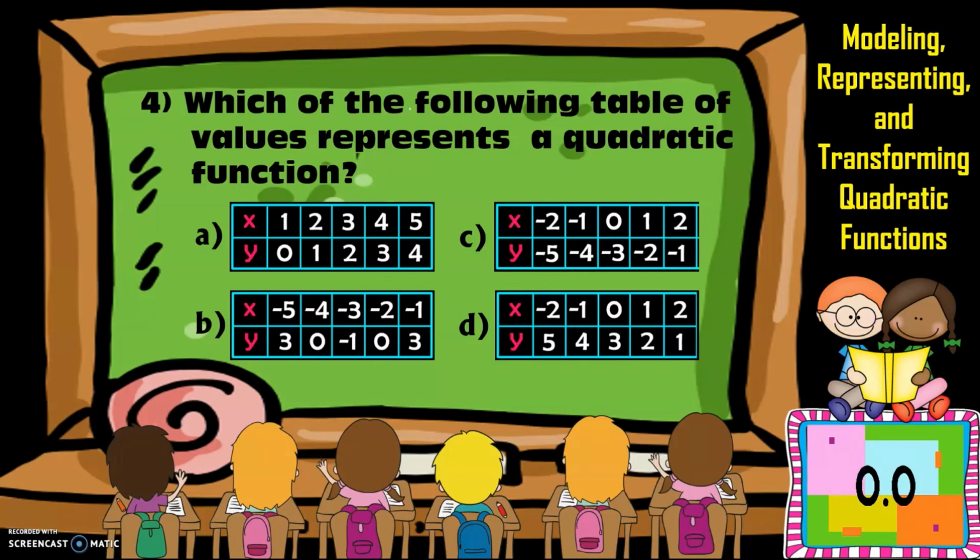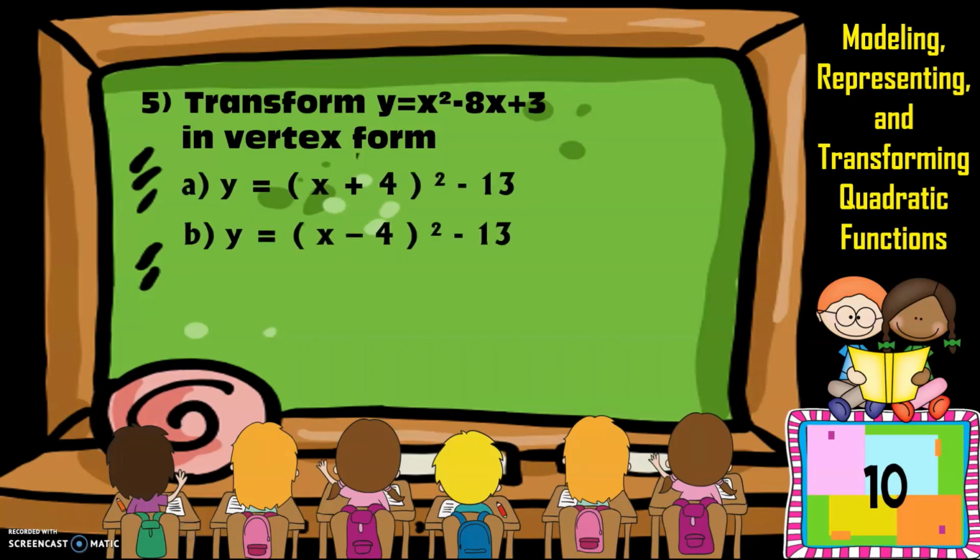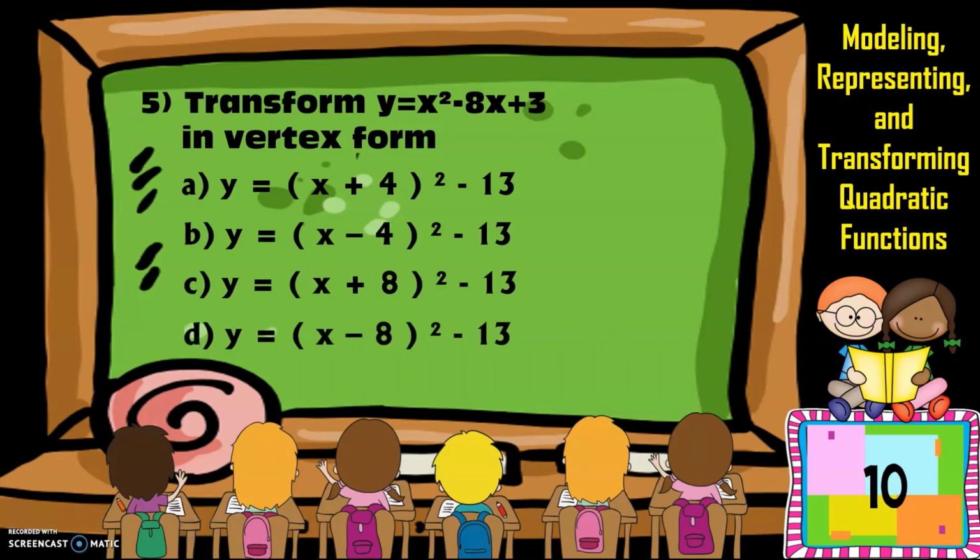Time's up. For number 5, transform y is equal to x squared minus ax plus 3 in vertex form. Is it A, B, C, or D? Your timer starts now.